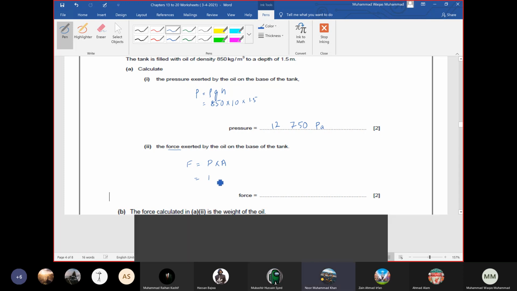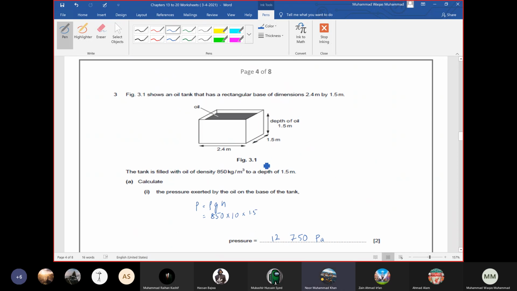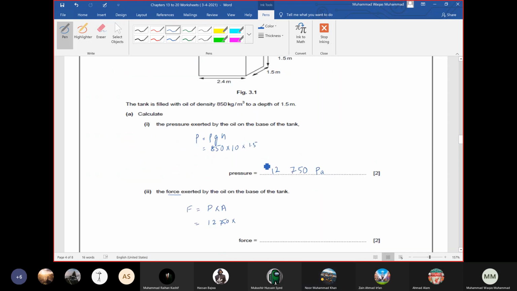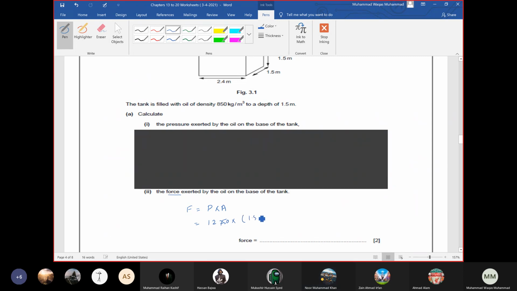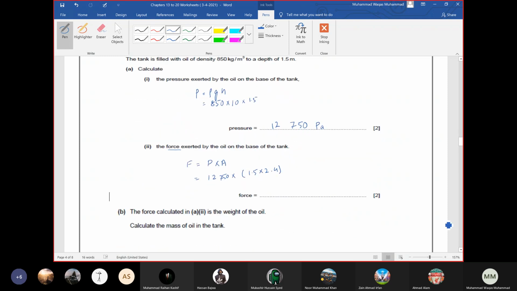So it's 12,750 times the area. The area of the base of the tank: we are given the length and width, and the area of a rectangle is length times width. So we will find the area with 1.5 times 2.4, right?